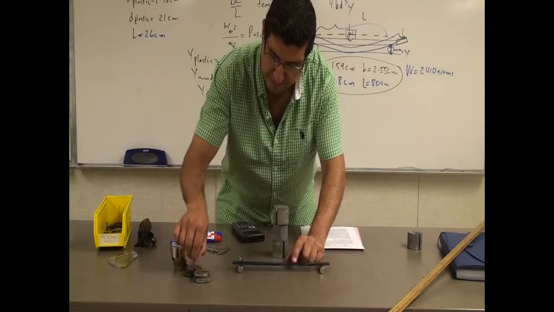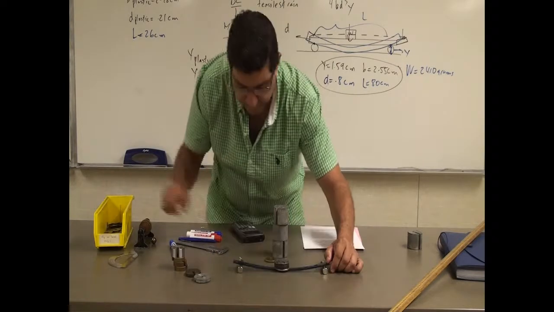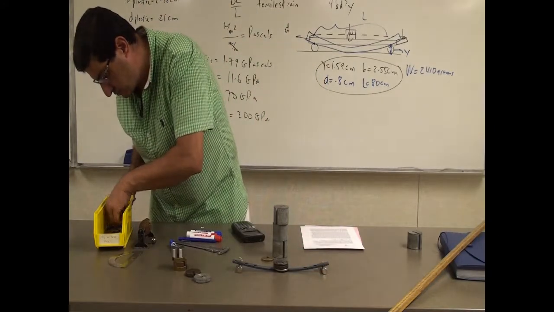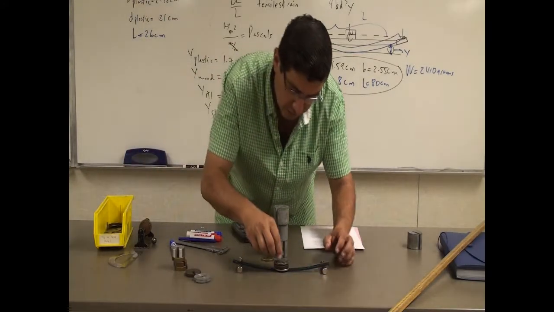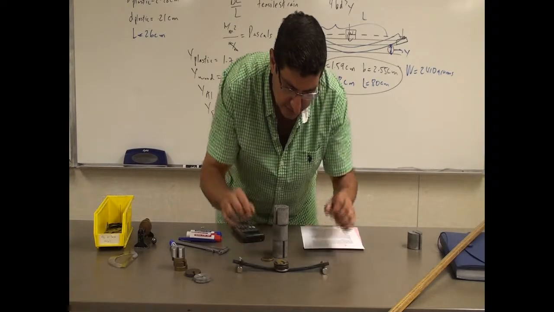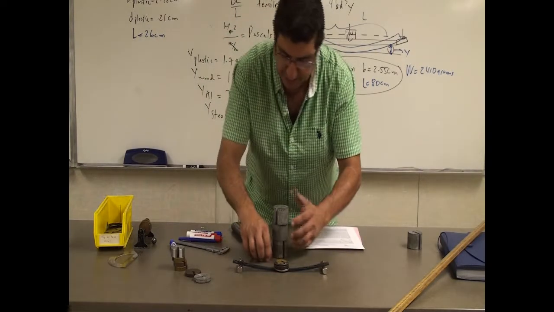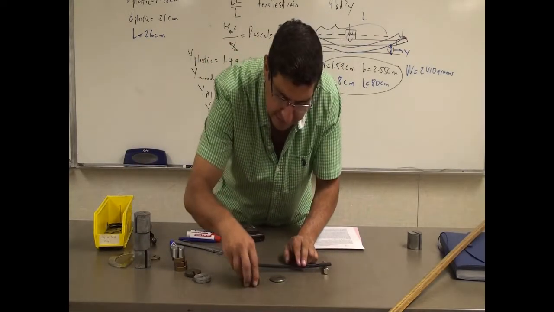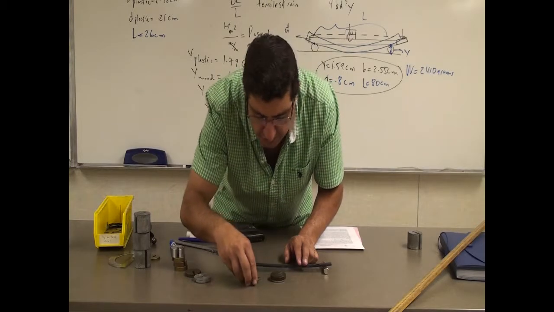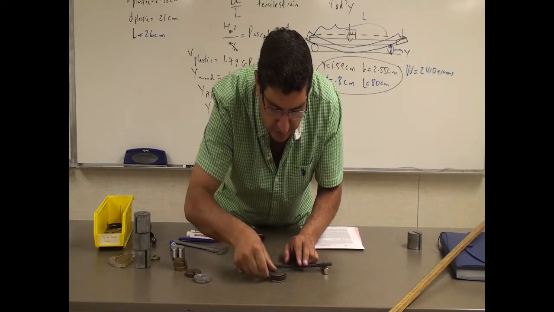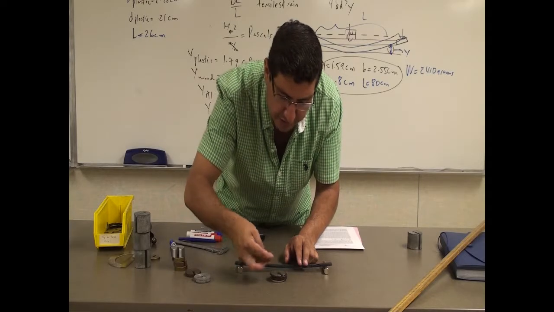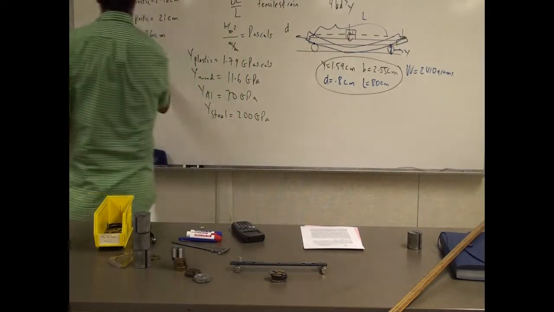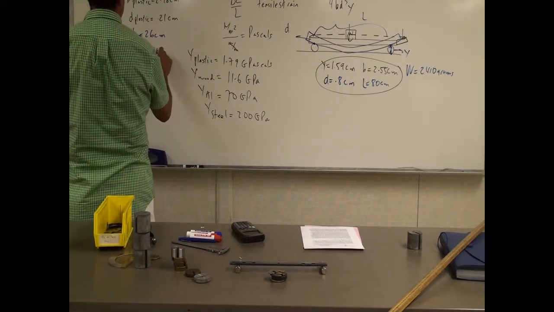This one is going to bend easier. Okay, that's about it, right around there. So it took how many grams here? For the plastic, it didn't take a lot of grams. That's 50, 100, 200 grams, 210, 220 grams. So the mass that it took, 220 grams.